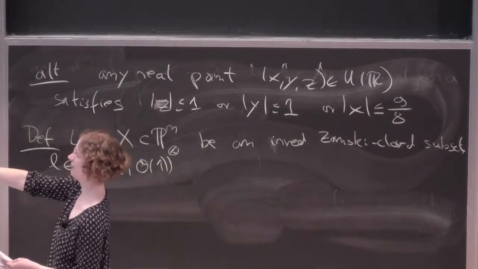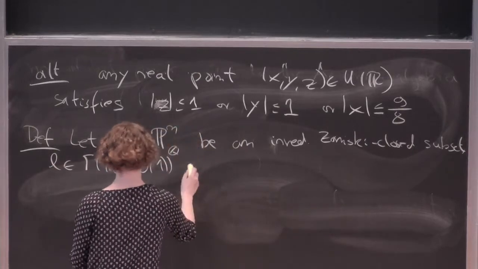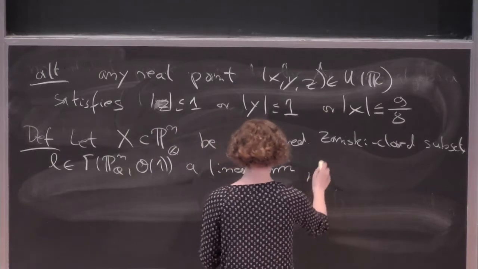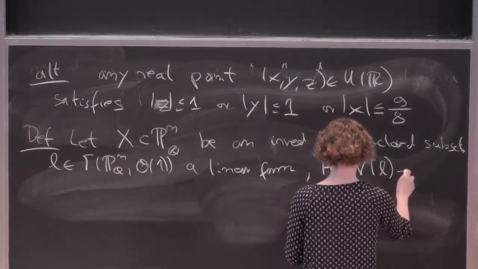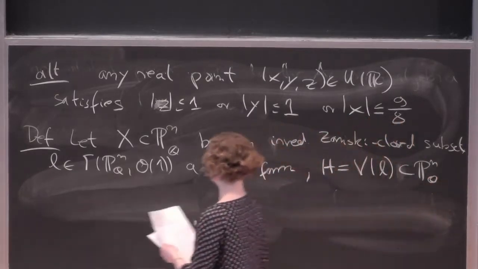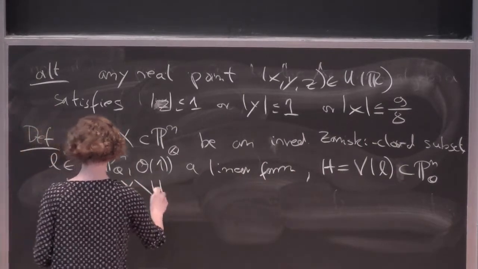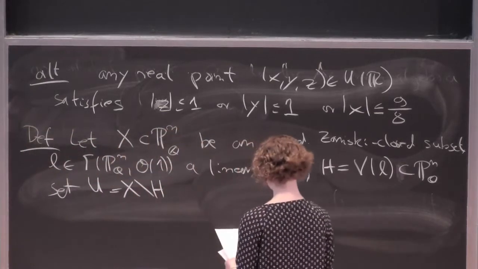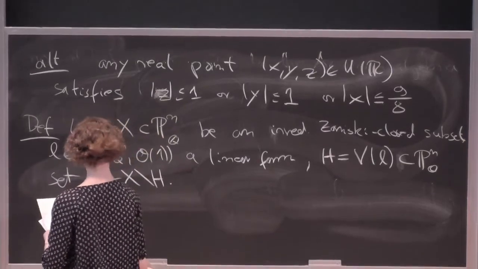You could compactify this with a variable t, and then take the linear form L equals t. And then we have the hypersurface H where t is 0, which also lives in P^n. And then we would be interested in the set U, which is the complement of X minus H, where if you compactify it, t is not 0. That's the situation. And you should think of this U as that variety U over there.